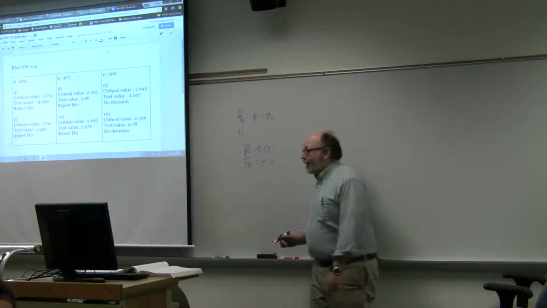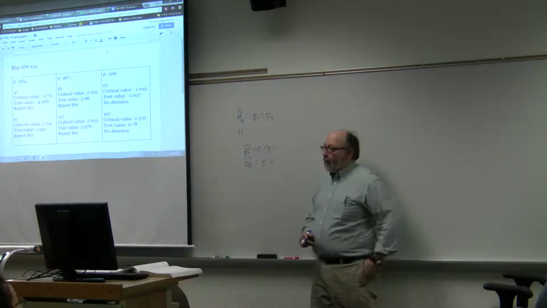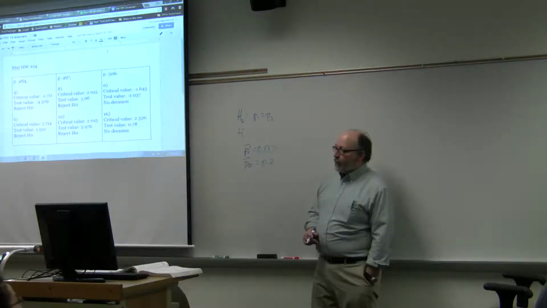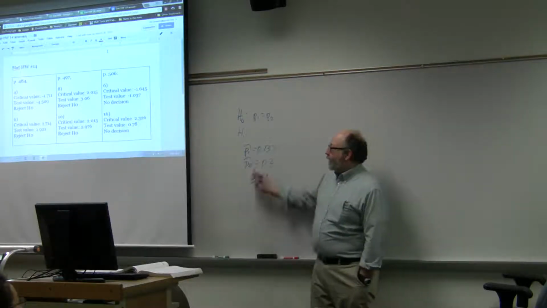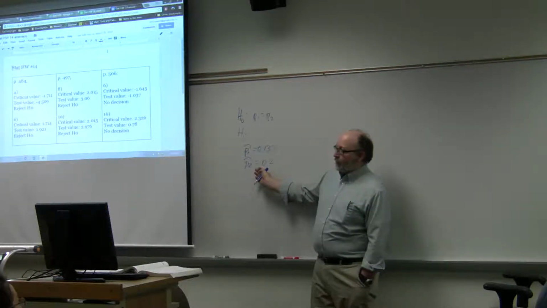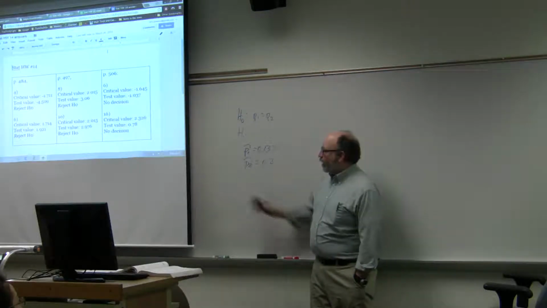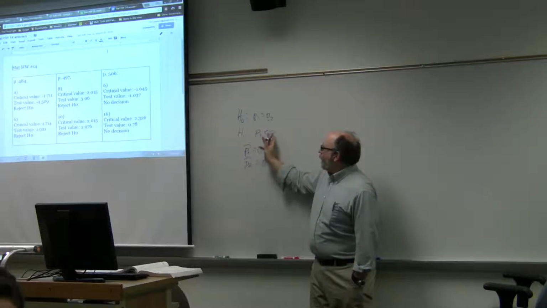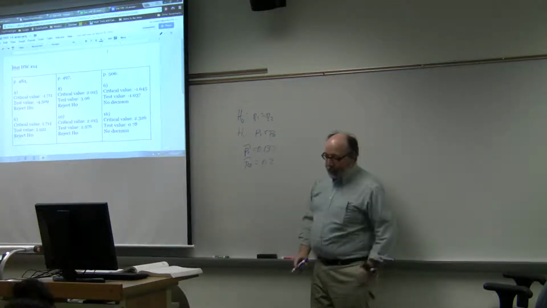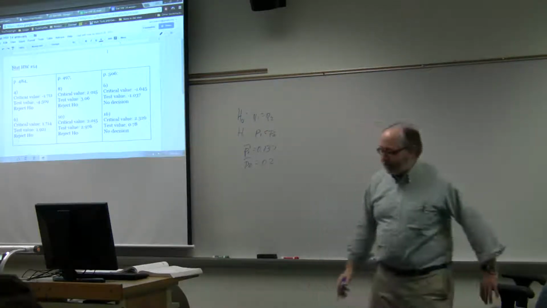So then based on this, Joseph, what do you have for alternative? P1 is not equal to P2? No, that's wrong, because we're looking at the actual samples. Here we'd say that P1 is less than P2. P1 is less than P2, that's correct. Now that's not how the textbook does it, but that's how I do it.